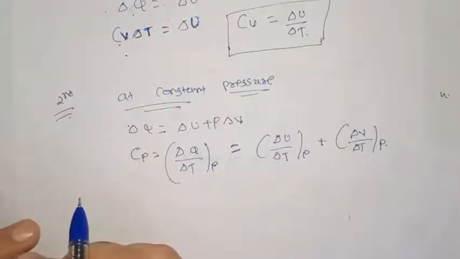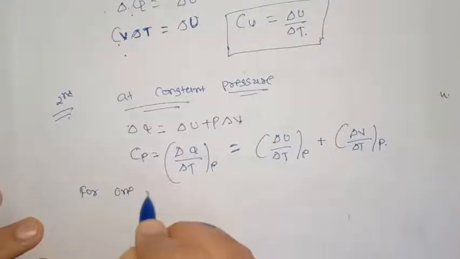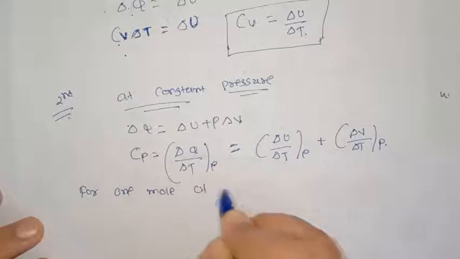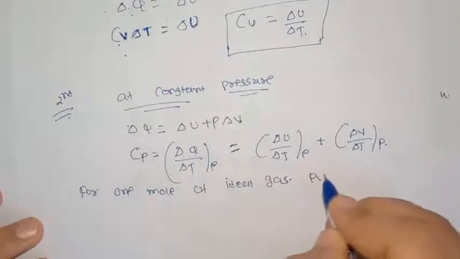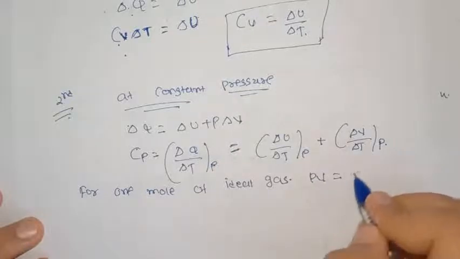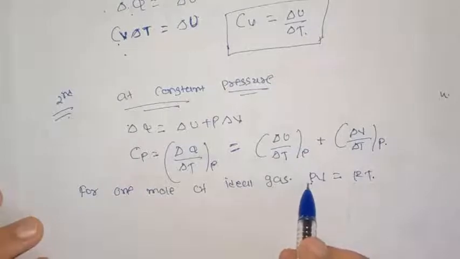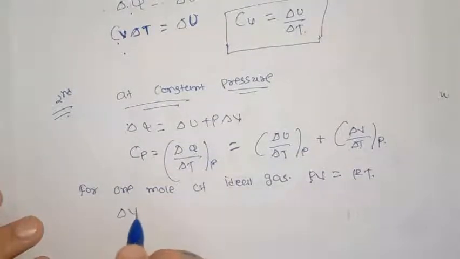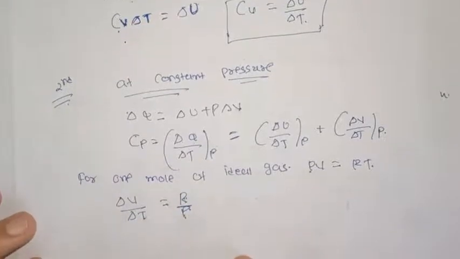Now for 1 mole of ideal gas, we can write the ideal gas equation as PV is equal to RT. As pressure is constant, we can write delta V upon delta T is equal to R upon P, as R and P both are constant.